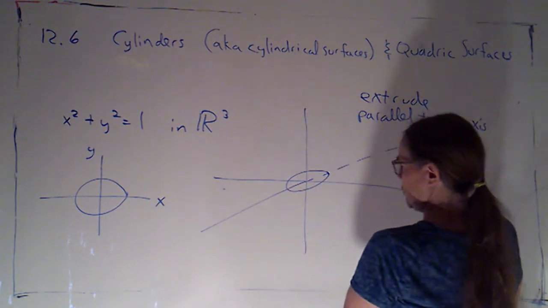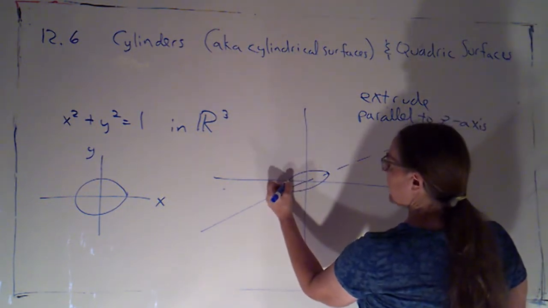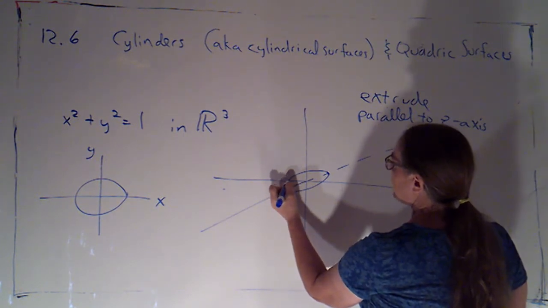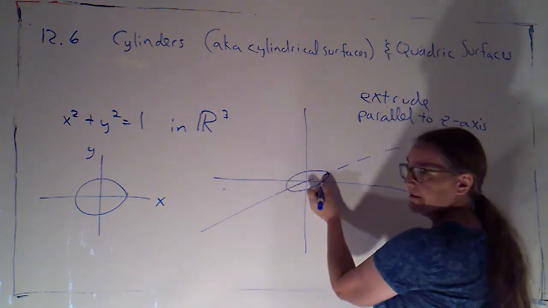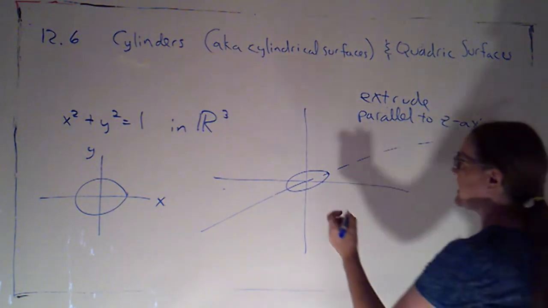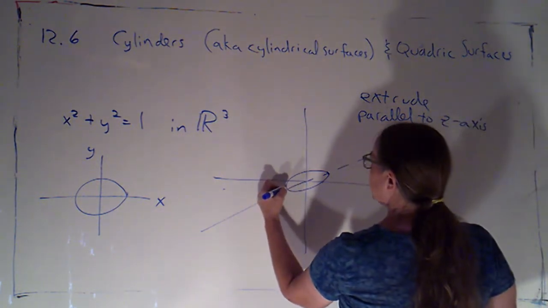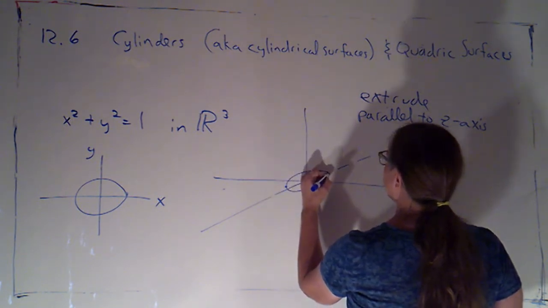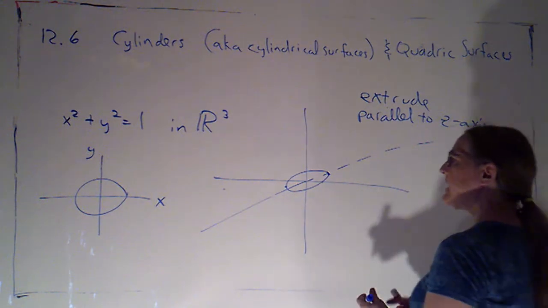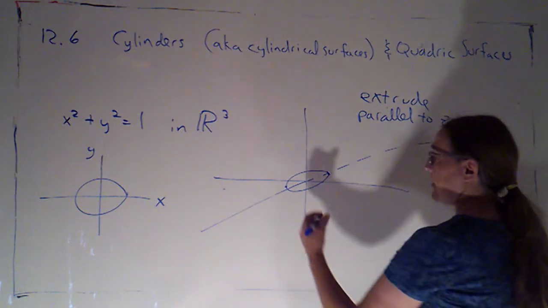So what I'm going to do here, this point right here is actually the rightmost point on the graph. And this point is actually the leftmost point. But it doesn't look that way the way I've graphed this. I'm going to pick what looks like the points that are farthest to the left and farthest to the right, and I'm going to extrude those.